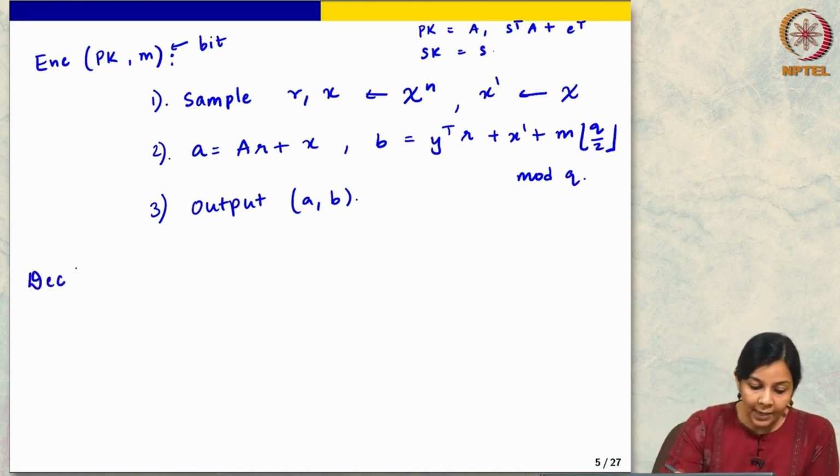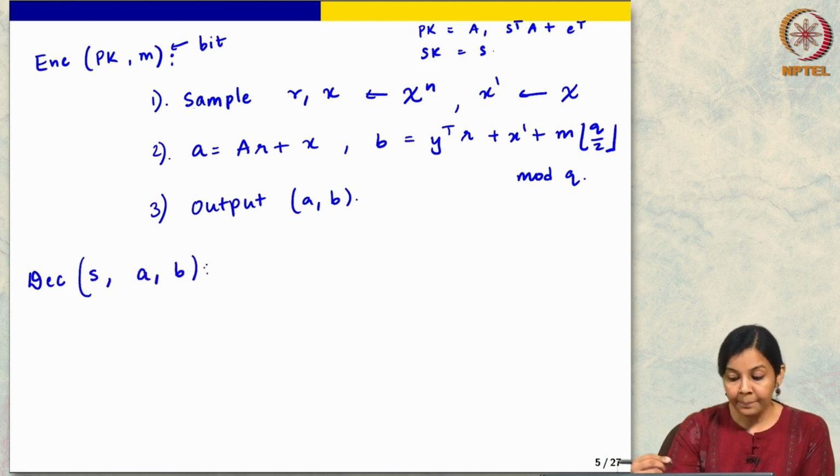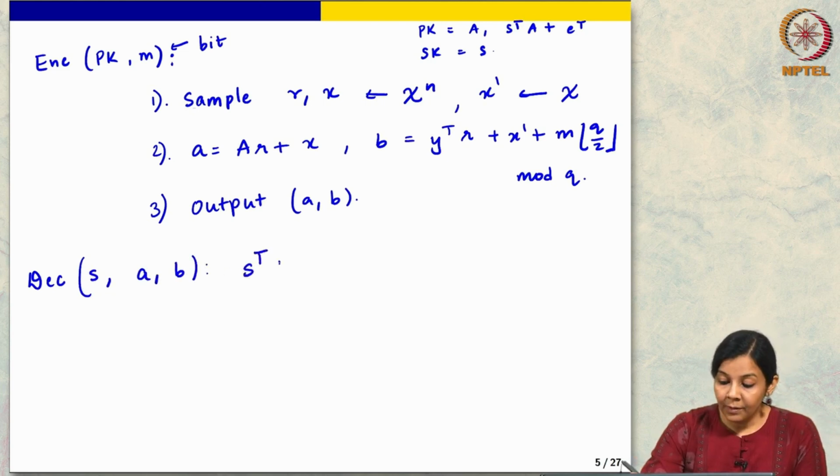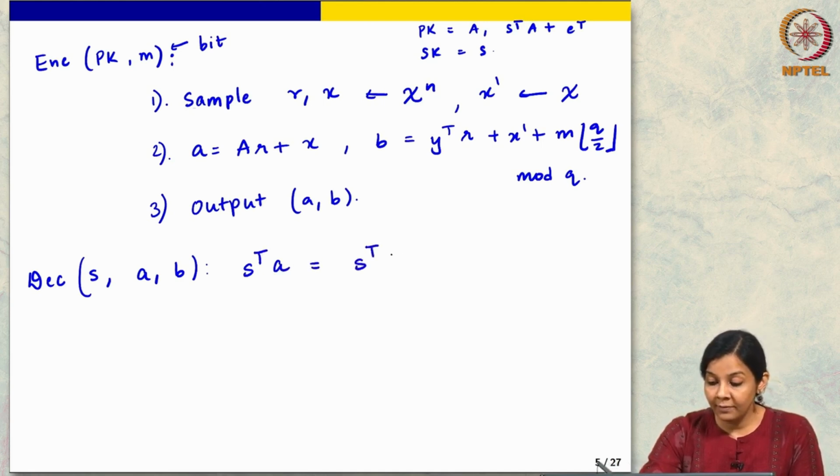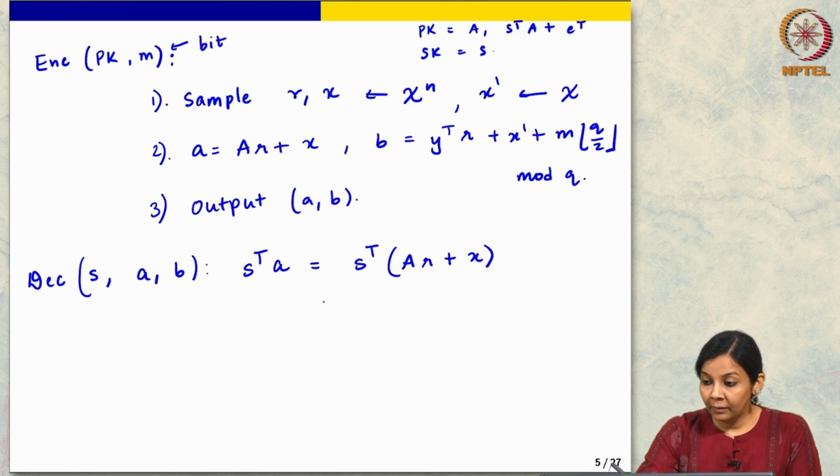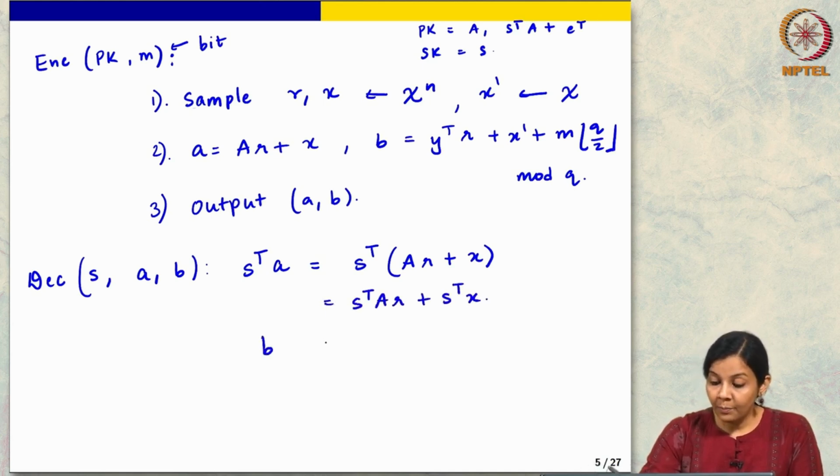Now, can anyone tell me how to decrypt? I am given S and I am given A and B. So, I compute S transpose A. What is this? This is S transpose AR plus S transpose X. Now, what is B?